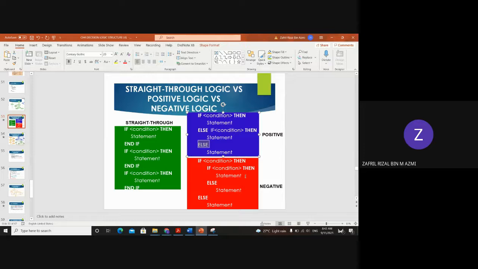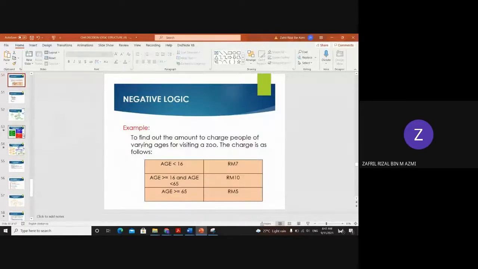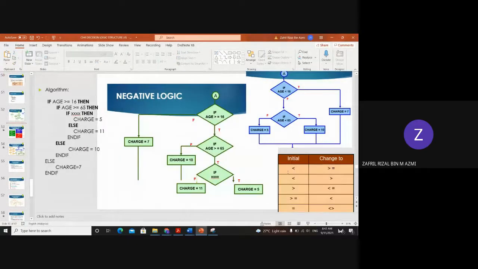And finally, we have the negative logic structure, which happens to be also the nested if, the opposite of the positive logic structure. And we use this table if you want to convert positive to negative or negative to positive logic structure. So this is the symbol, the operator that you need to convert to.